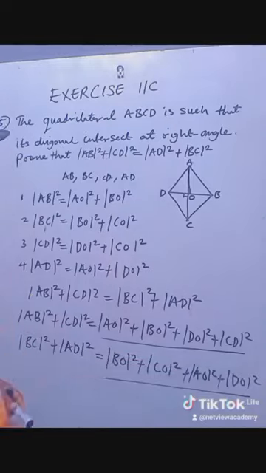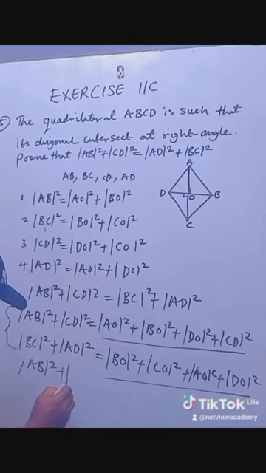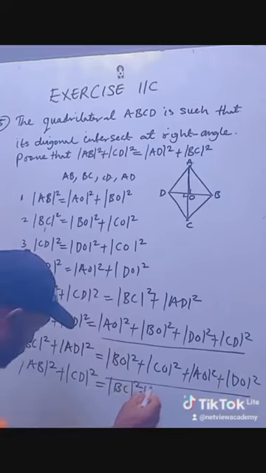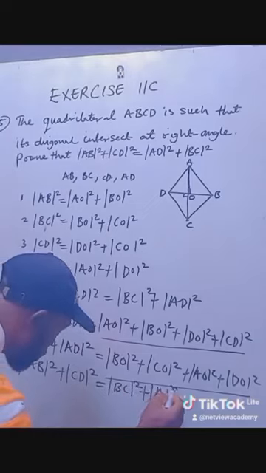They contain the same items, so they are equal expressions. So because these expressions are equal, these two expressions are also equal. Therefore, AB squared plus CD squared is equal to BC squared plus AD squared.